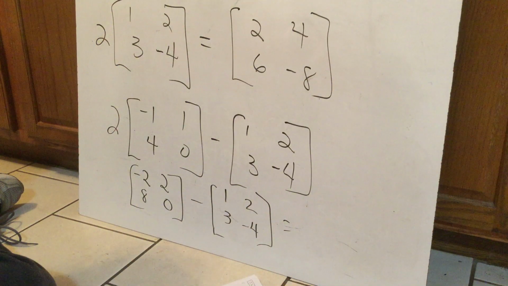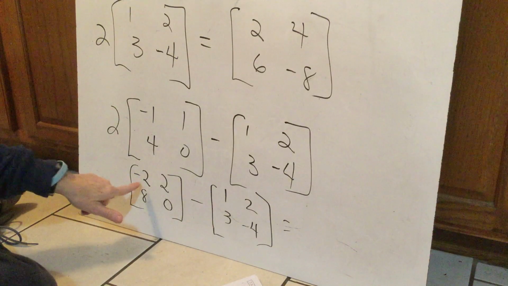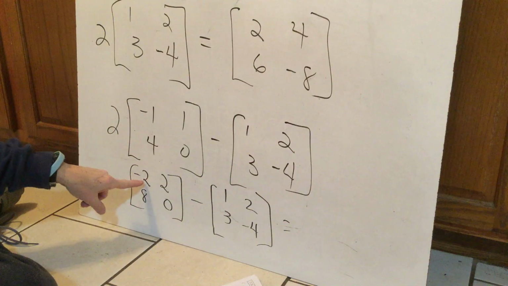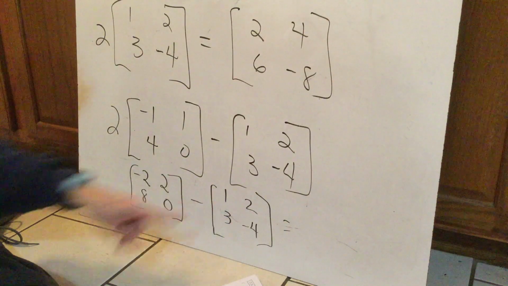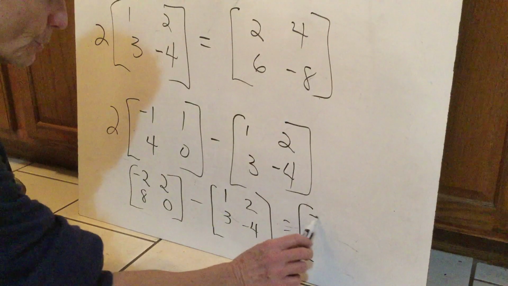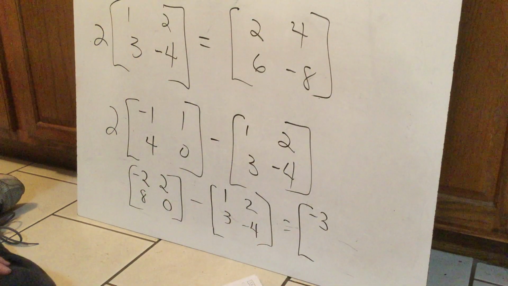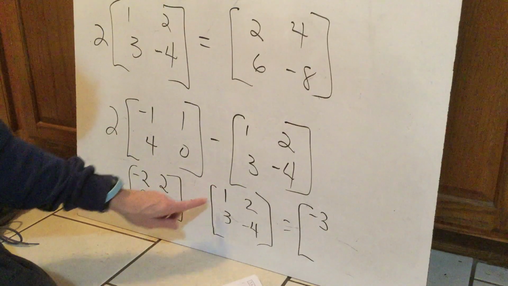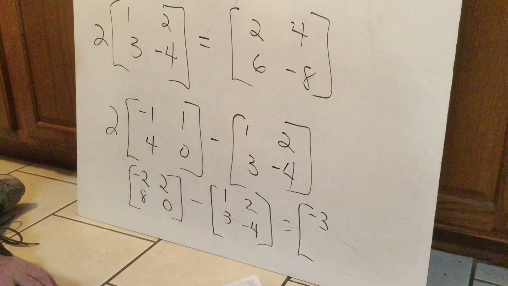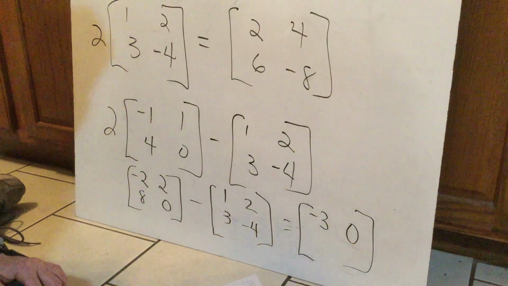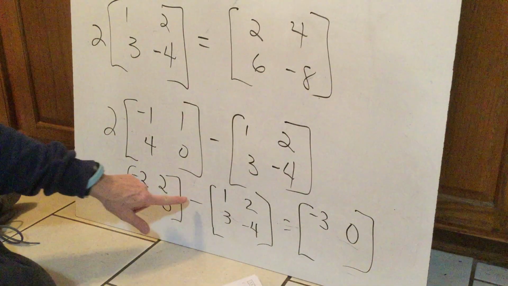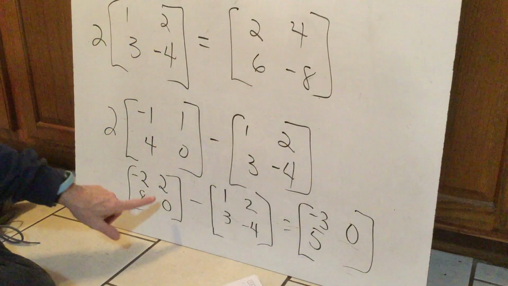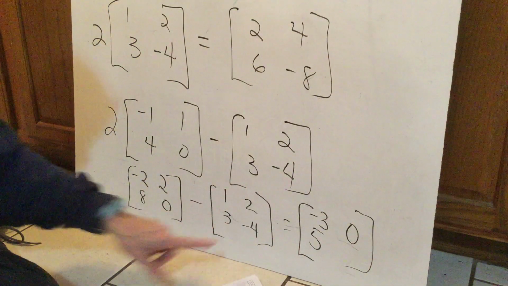Now, when we subtract, we do it just like when we add. We take the first numbers in each matrix, only this time we subtract them. So -2 minus 1 is -3. Then move over here, 2 minus 2. 8 minus 3, 0 minus -4.